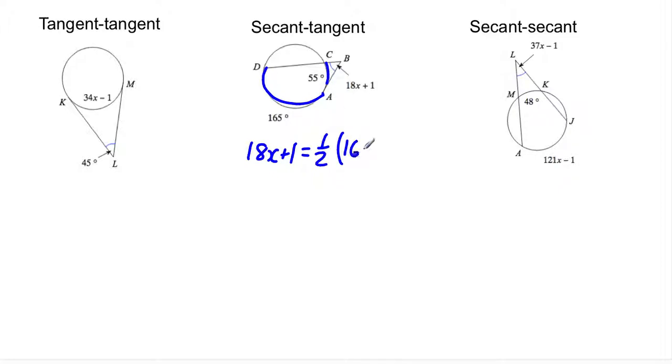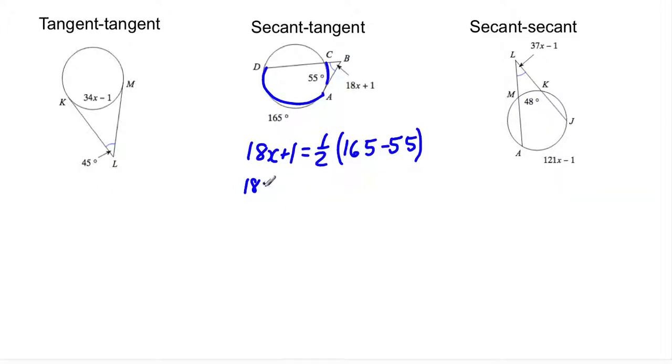So it's going to be half of 165 minus 55. So again, you can see that this far arc minus this closer arc, divided by 2, or half of it, is equal to the measure of the angle.